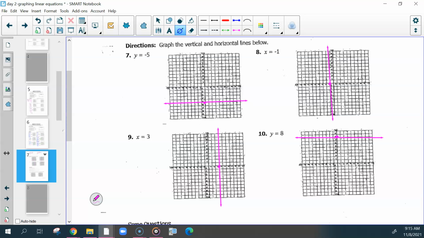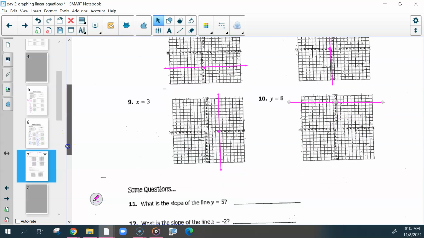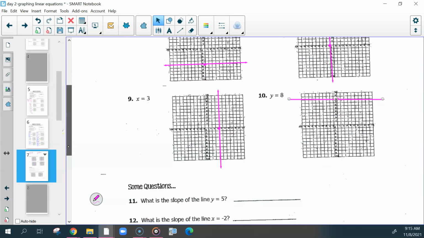You should have a vertical line for number 9 and a horizontal line, but mine's crooked, at 10. Do we have questions on how to graph horizontal or vertical lines?